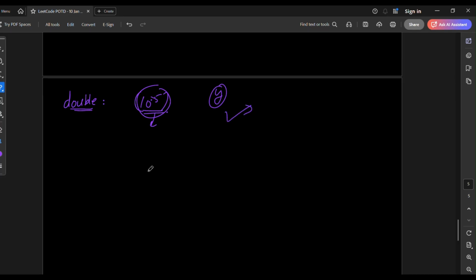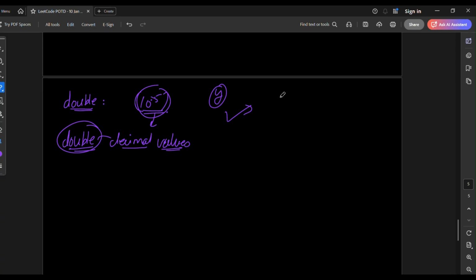We are going to answer this y. You will get multiple questions when there will be double values. Double values means decimal values, and we have to do a binary search.